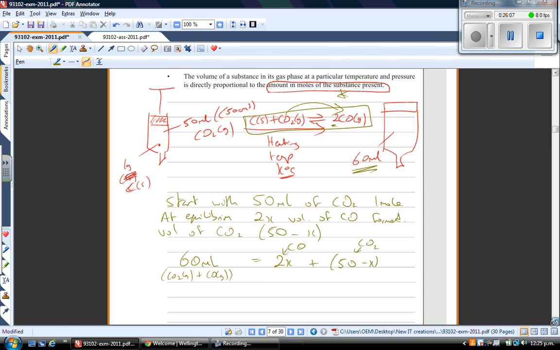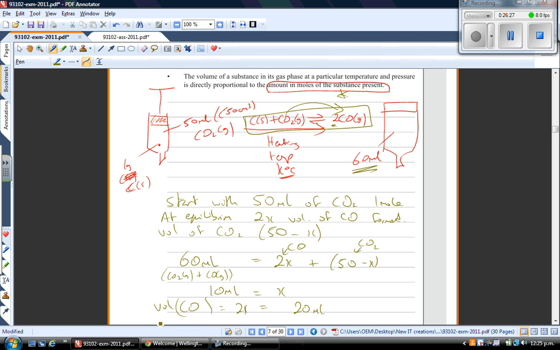And then if you work out that little equation, you get a volume of 10 ml will be equal to x. Okay, so since the volume of carbon monoxide was equal to 2x, your volume of carbon monoxide at the end is 20 ml.